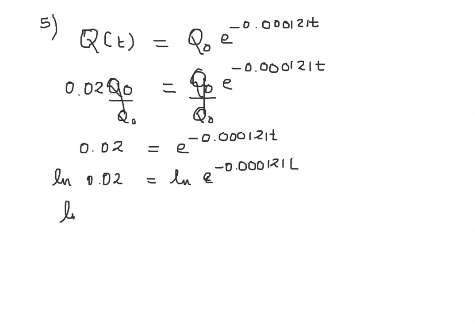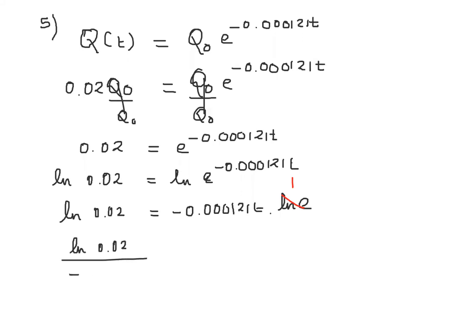And so we're going to bring this one to the front, and ln e is 1, we know that. So to find the t, we have to divide both sides by this negative number. That gives t is going to be 32,301 years.